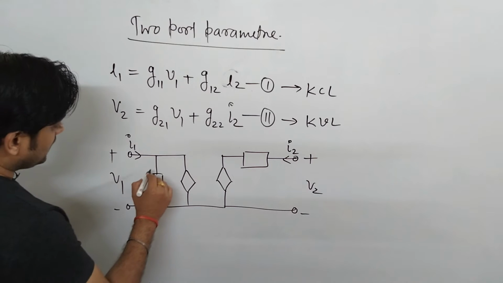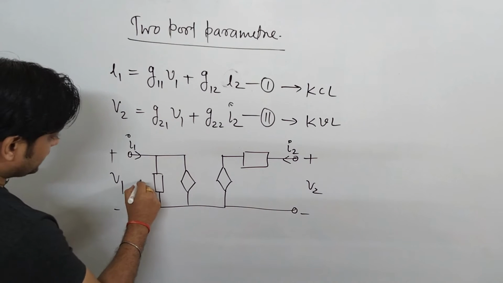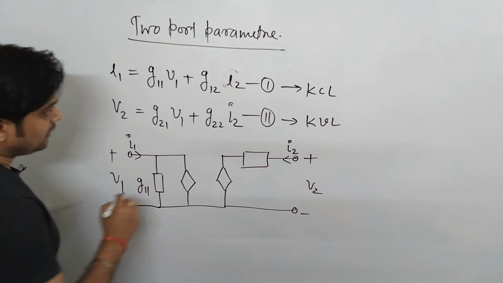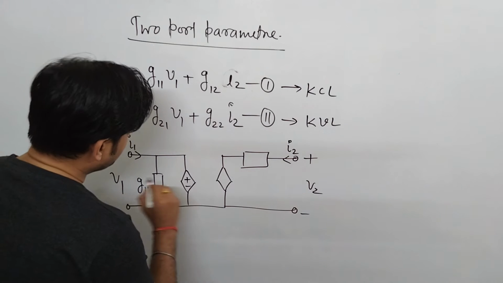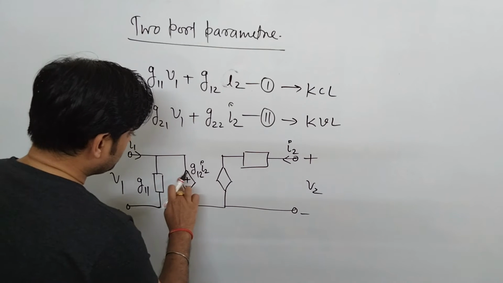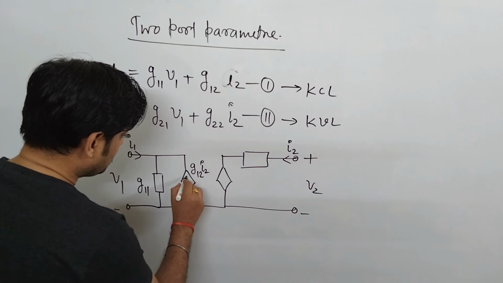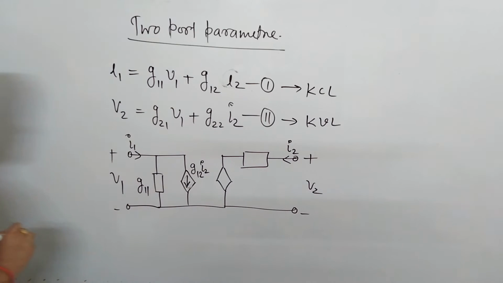since it is in the form of G11 V1, that comes to be G11 and this comes to be G12 I2. So this is basically a current source, since we are talking about the KCL equation.